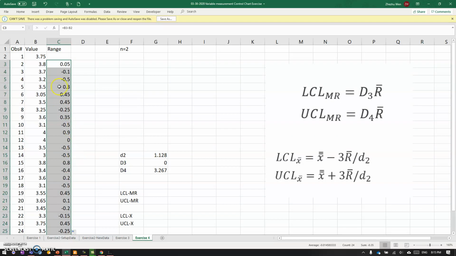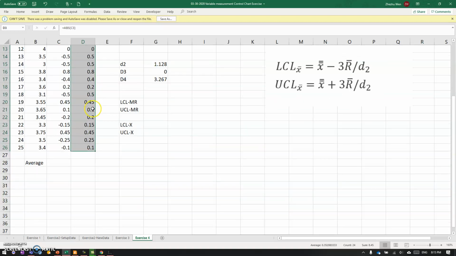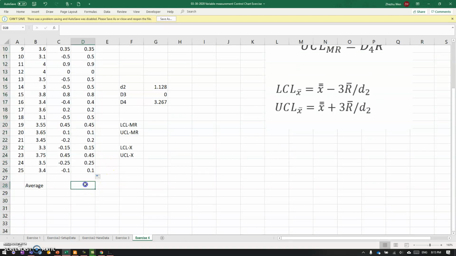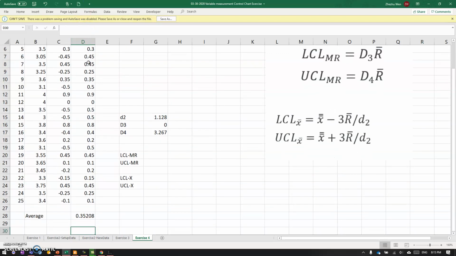We got all these ranges ready, but we need to take the absolute value of these so that we only take the positive, because we're only trying to measure the difference between highest and lowest. The average of all the ranges gives you R bar.